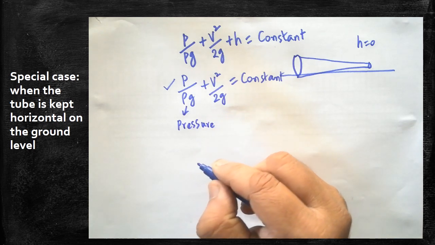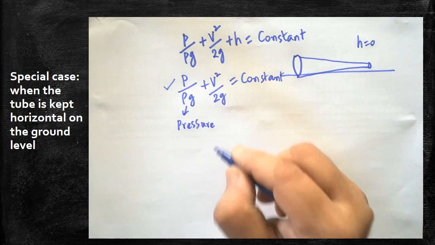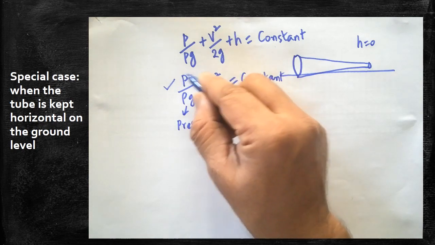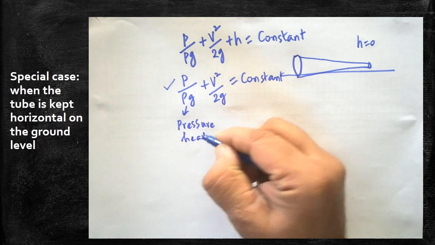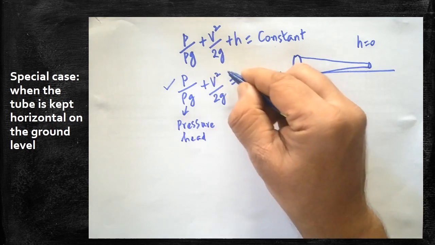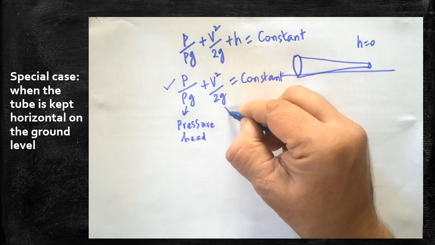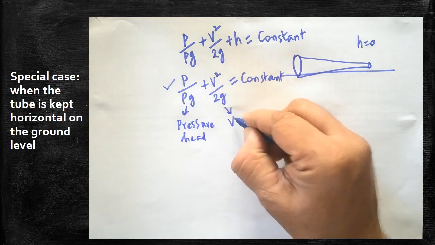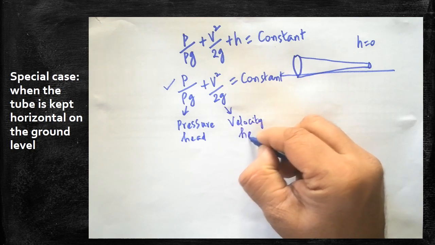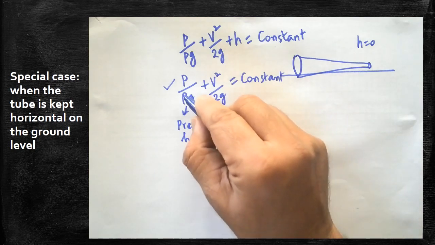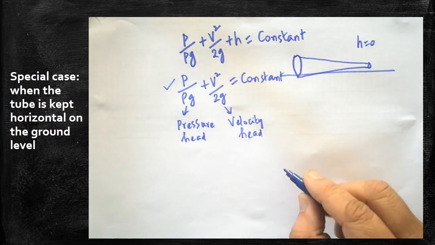This portion is called pressure head. And this portion tells about the velocity of the flowing liquid. Therefore, this part is called velocity head. So one tells about pressure, the other indicates the velocity.